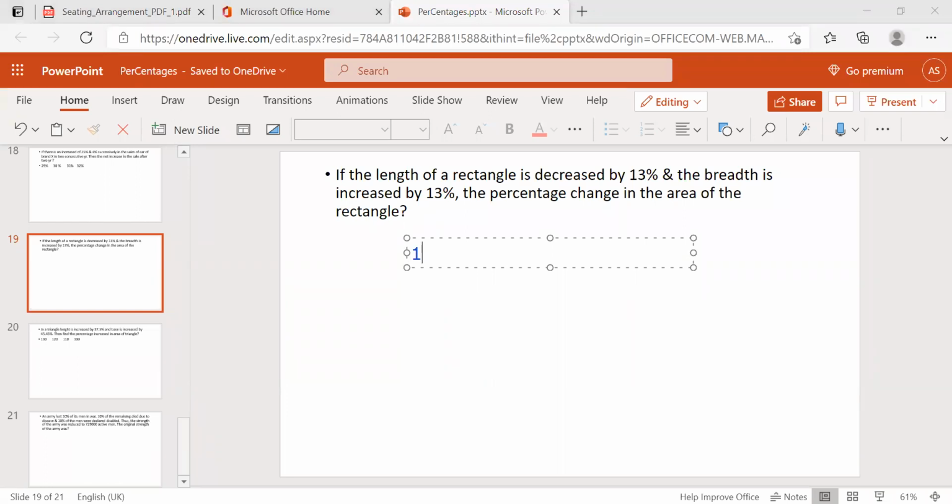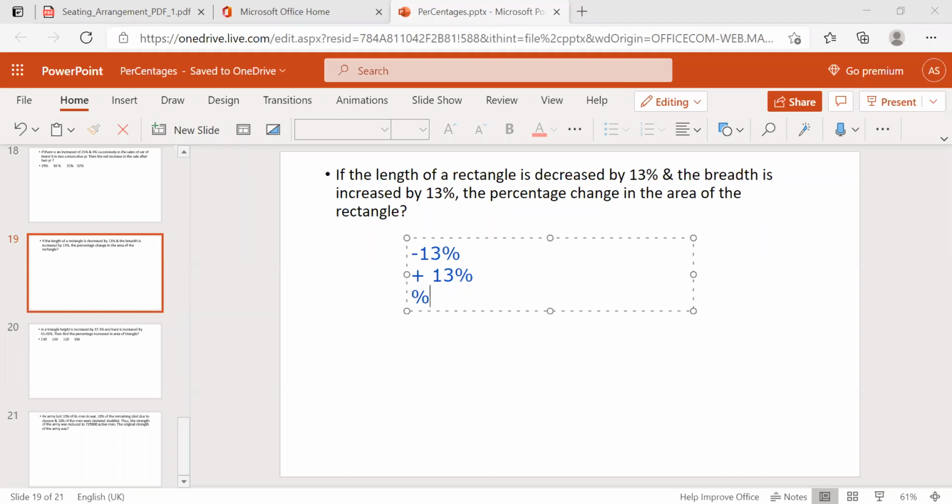That is 13% decreases. So it is minus 13, right? Minus 13 is nothing but decreasing. And B is increased by 13% again.